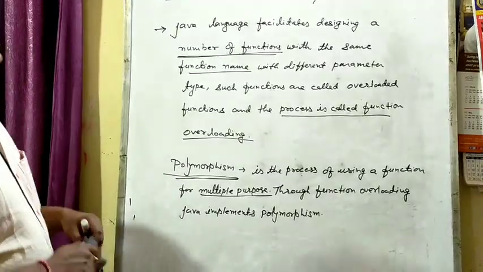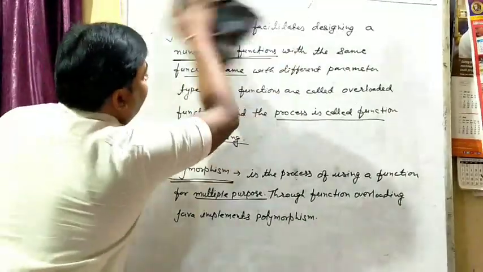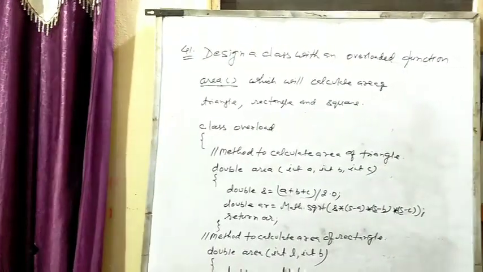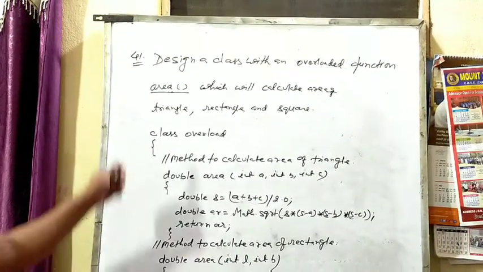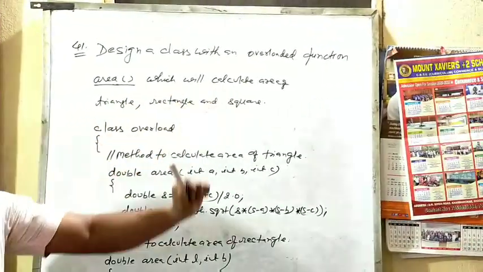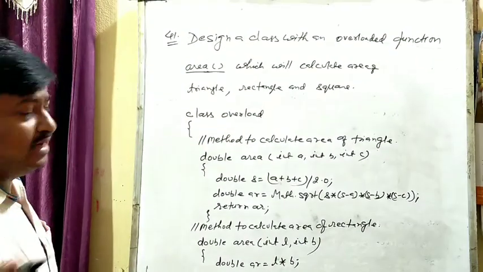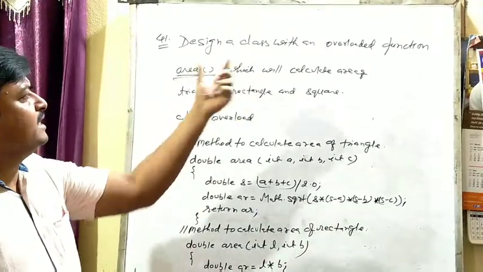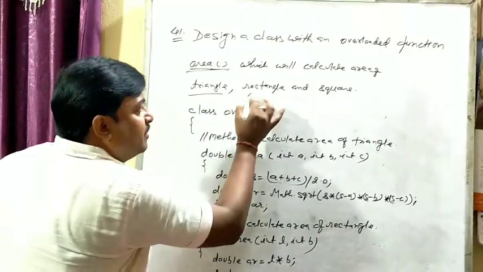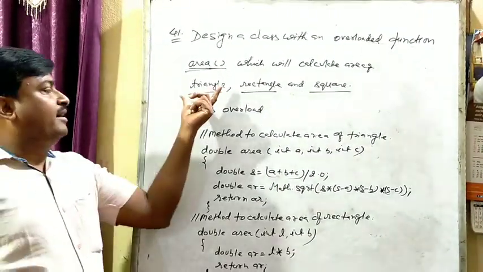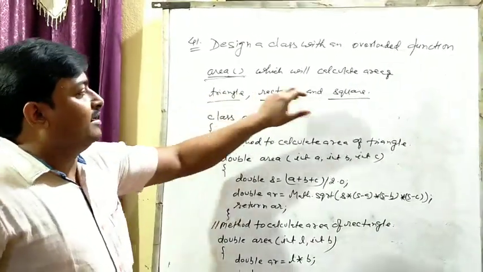Okay students, I am giving you an example. Pause it. See, this program is based on function overloading. The question is: design a class with an overloaded function, area. Students, the name of the function is area. Design a class with an overloaded function area which will calculate the area of a triangle, area of a rectangle and area of a square.